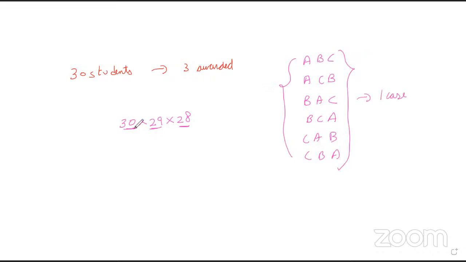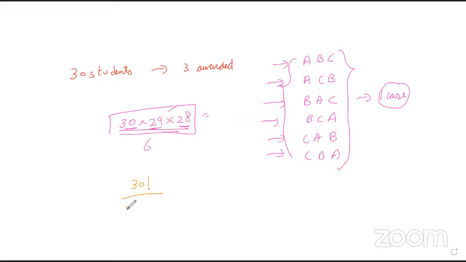In general, each case is counted 6 times in this calculation. So to overcome that, I need to divide by 6. And now you can convert it into factorial terms.